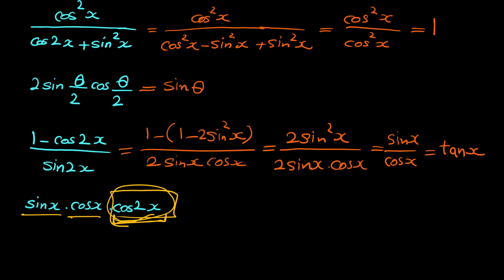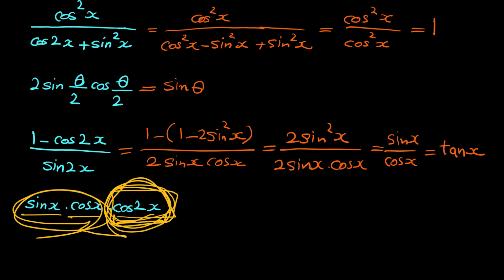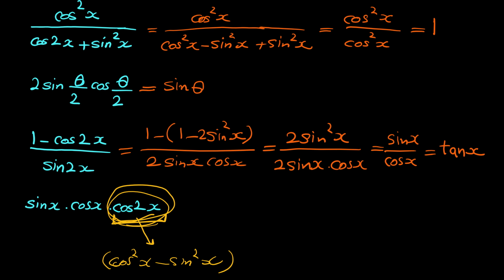So the angle of this trigonometric expression doesn't match with this. But for example, if we substitute cosine of 2x with cosine to the 2x minus sine to the 2x, it really doesn't help to simplify the expression.